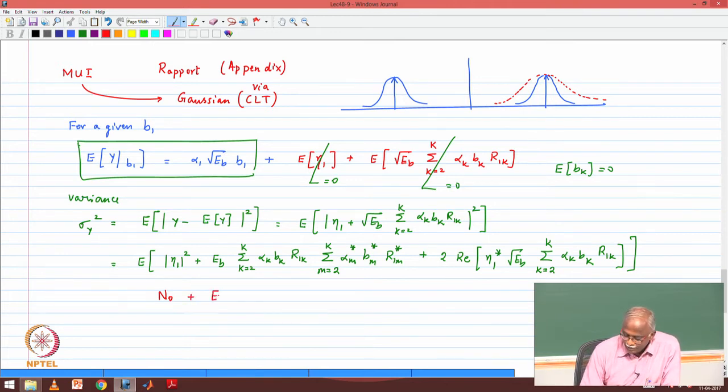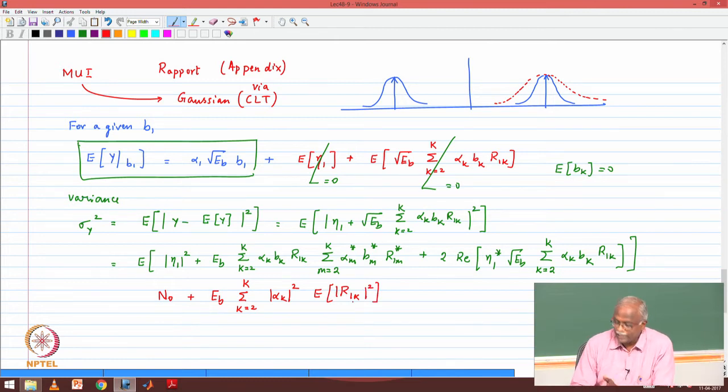So it will be EB summation, just a single summation now, k equal to 2 to uppercase K, magnitude alpha k squared, expected value of magnitude R1k squared. Bk squared will be equal to +1, and of course the last term will also go to 0 because you get the expected value of bk. So this is a very important equation. I just want you to pay attention to it. What is it that we have done?